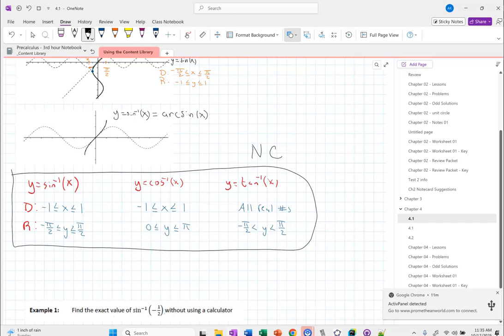Why, Kara? Yeah, 3 is not between -1 and +1. It's not in the domain of sine inverse. When I type that in my calculator, it's going to say error domain, saying you're asking me to do something I cannot do. Is everybody okay with that?